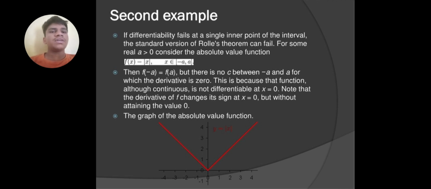This is because that function, although continuous, is not differentiable at x equal to 0. Note that the derivative of f changes its sign at x equal to 0, but without attaining the value 0.